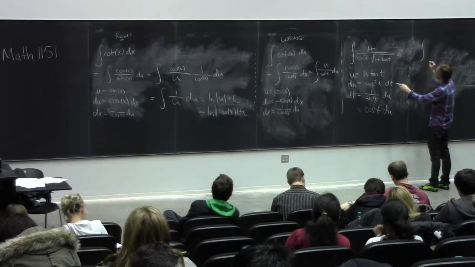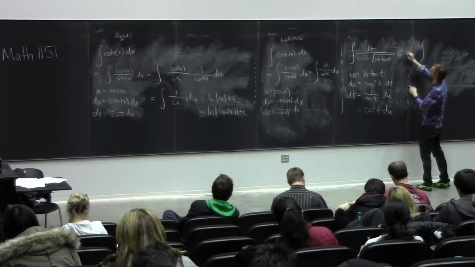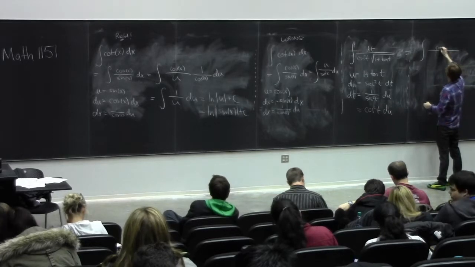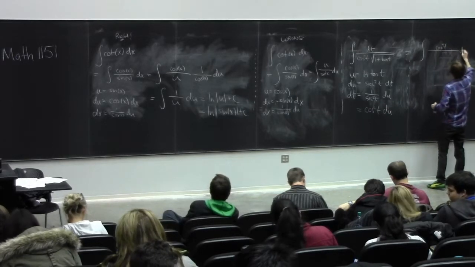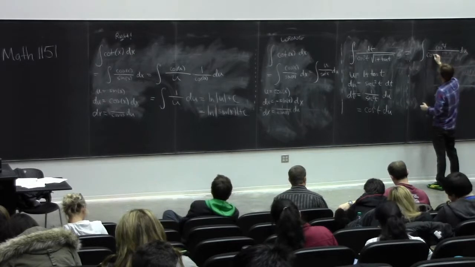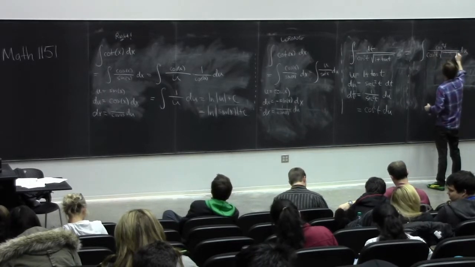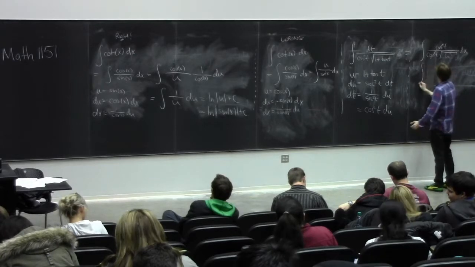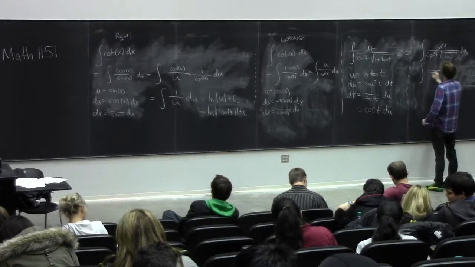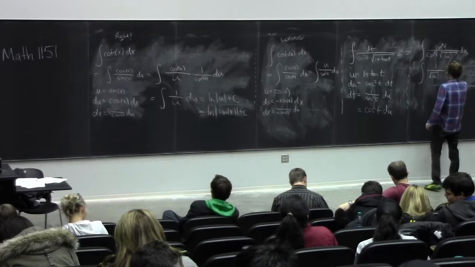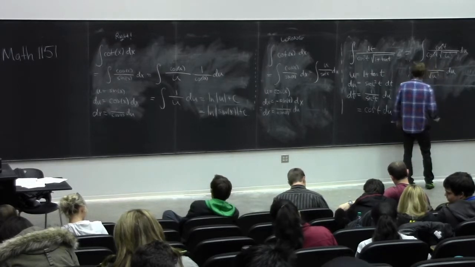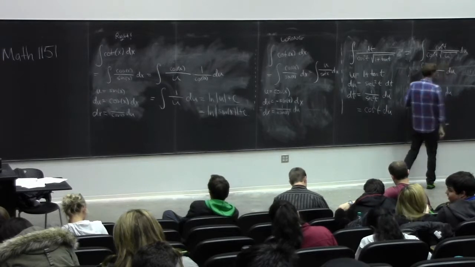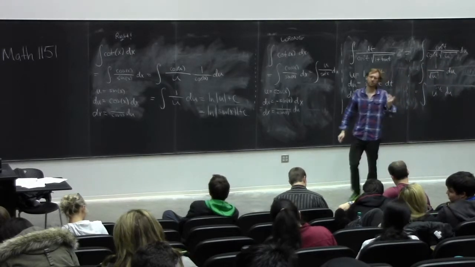Okay, so now the dt is equal to cosine squared t du. We have a cosine squared t here, and the square root of u. These things both cancel. So now we have the integral of 1 over square root of u du, which is equal to the integral of u to the minus 1/2 du. What's the antiderivative of u to the minus 1/2?